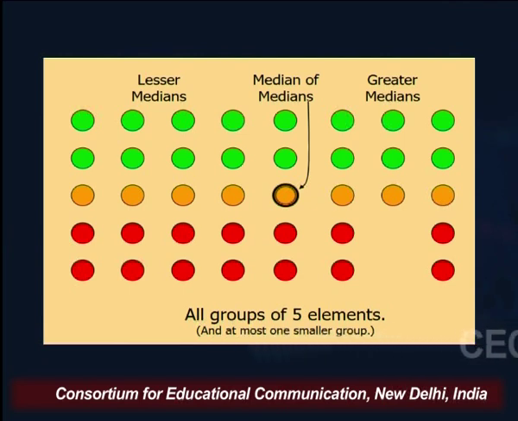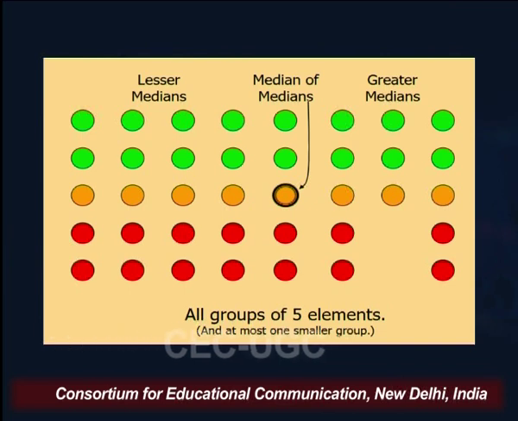Here you can notice one particular column in which there are not 5 elements. This will happen many times, and it has fewer than 5 elements. And what are we actually looking for here? We are looking for the median of medians, which is shown in the black circle.